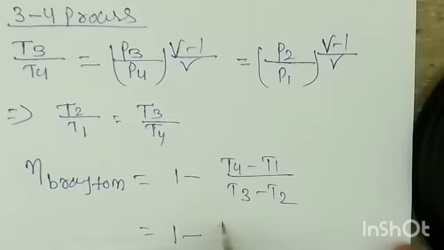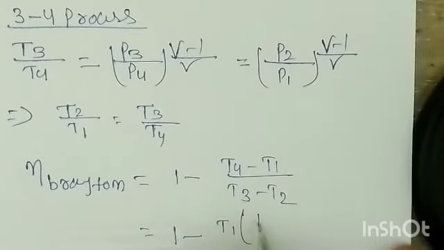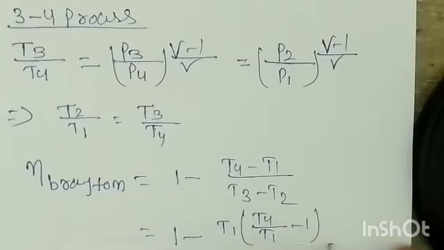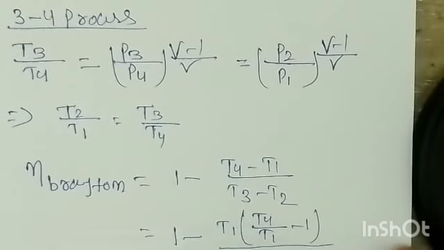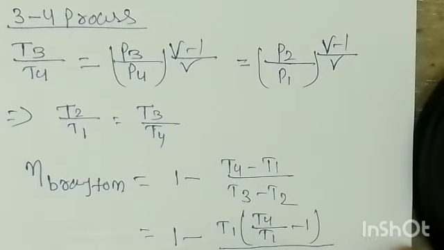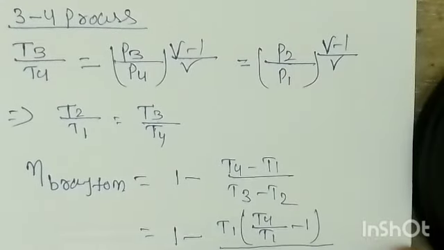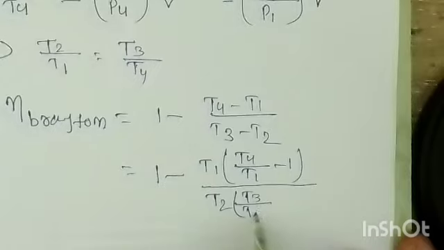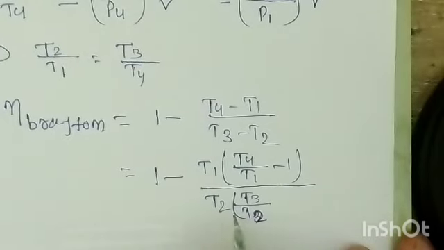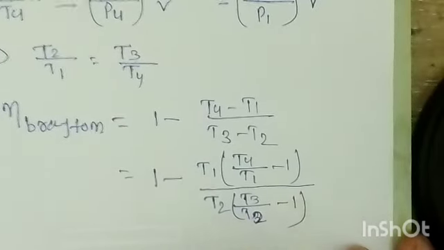So 1 minus T1 times T4 by T1 minus 1, divided by, taking T2 as common, T2 times T3 by T2 minus 1.